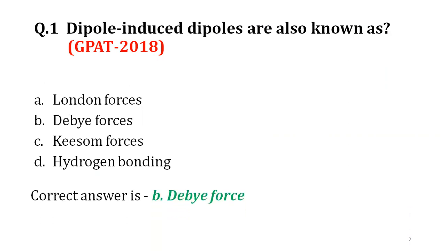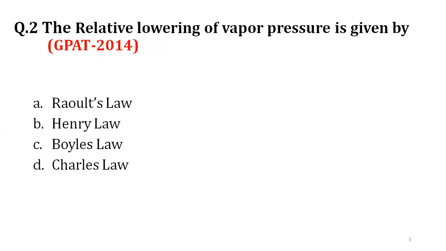The correct answer is B, that is Debye forces. Keesom forces are called dipole-dipole interaction, the same explanation given in your previous lecture. Then Debye forces are called dipole induced dipole interaction, and London dispersion forces are called induced dipole induced dipole interaction.